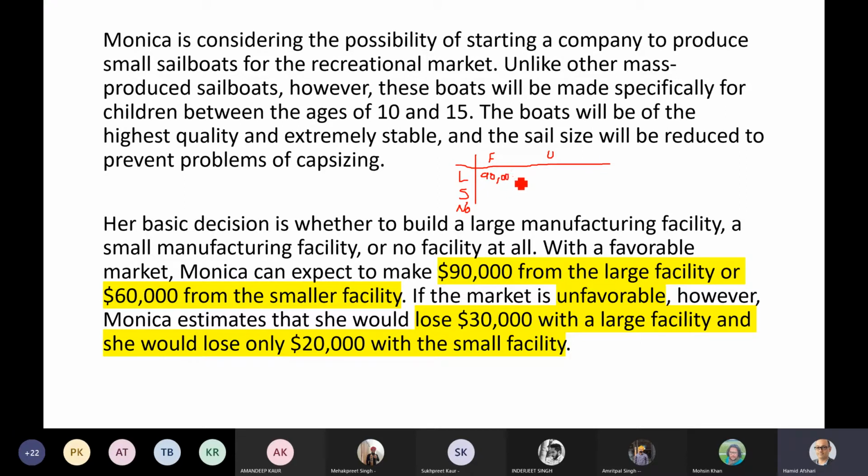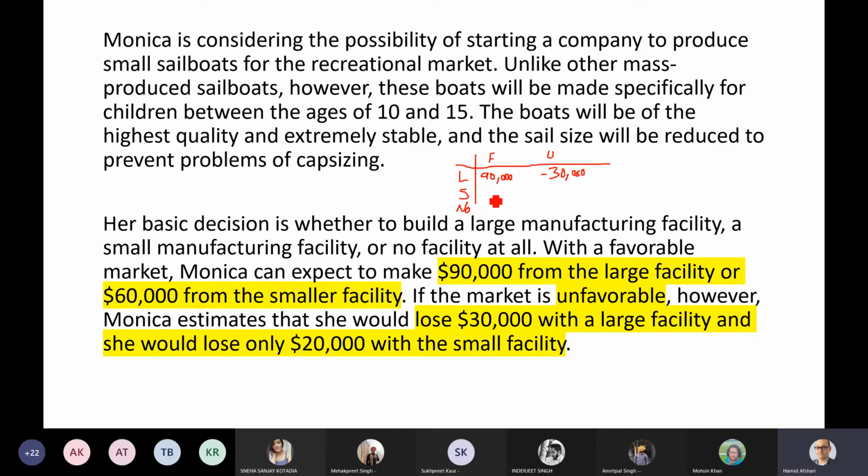So you can go ahead and make a table for yourself as well if you want, then we can compare. Then if the market is unfavorable, how much is the cost of a large plant? Negative 30,000. Yes, it's very important. Some people may write 30,000 only. It should be a negative mark, which shows the loss of money.